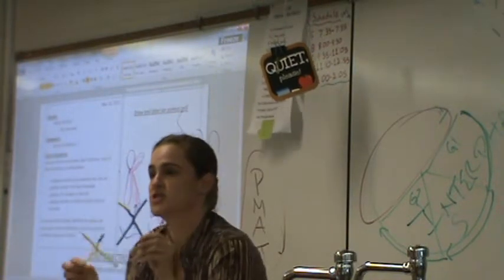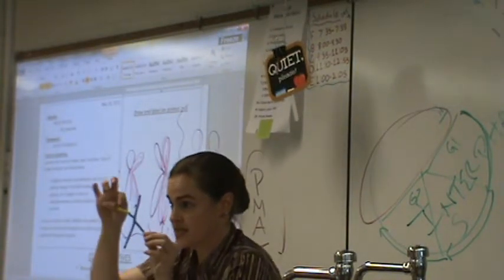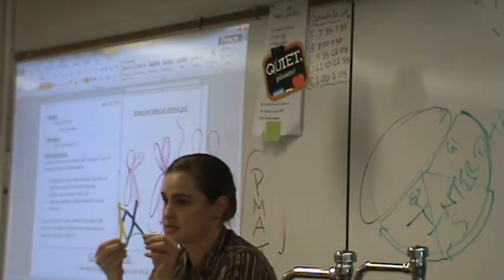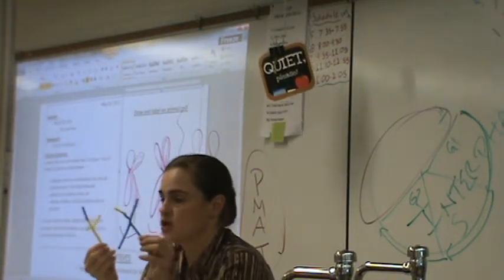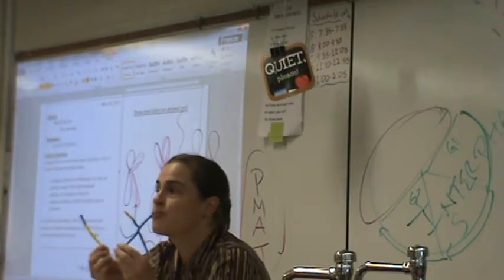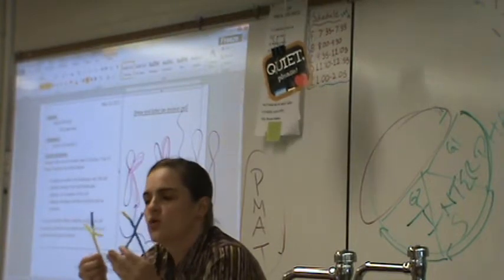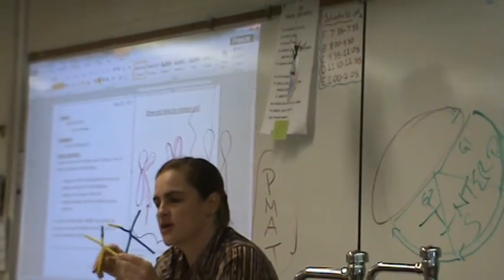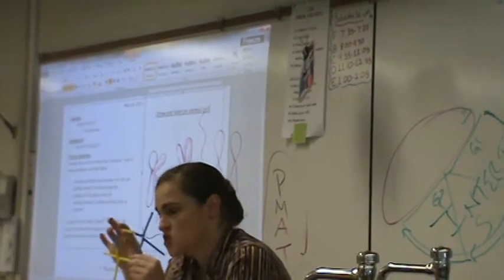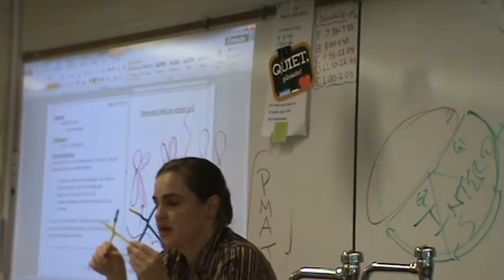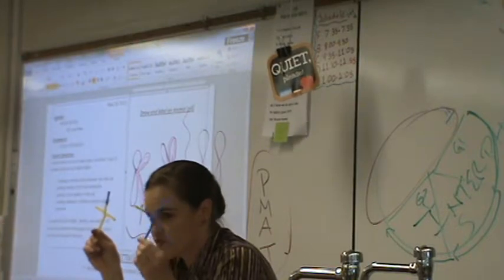True. Are you switching pieces between sister chromatids or between homologs? Homologs. Yeah. During prophase 1 of meiosis 1, you have a piece of the maternal DNA switching places with a piece of the paternal DNA. These are homologs, one from mom, one from dad.